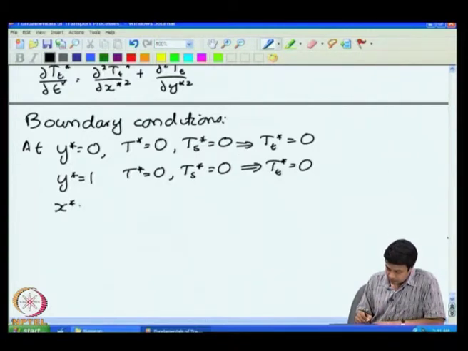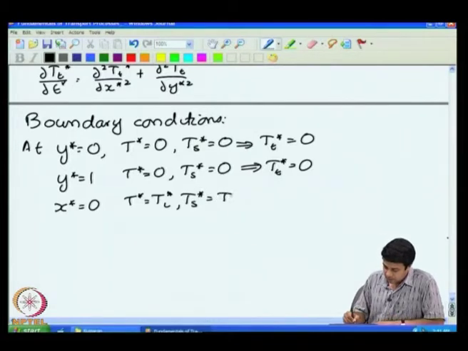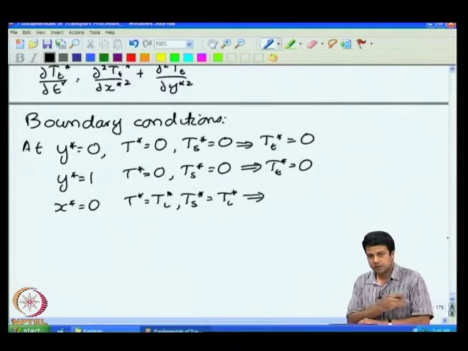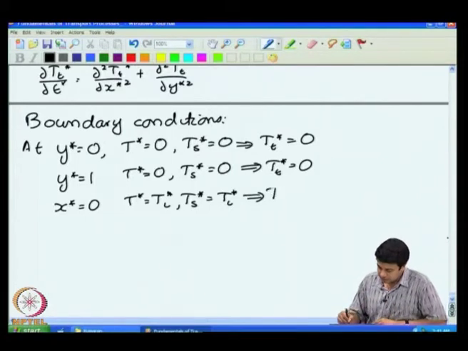At x star is equal to 0, T star was equal to the temperature on the left. The steady temperature was also equal to the temperature on the left. Note that we applied the same boundary conditions for the steady part as for the total temperature field, which means that the transient temperature is equal to 0.